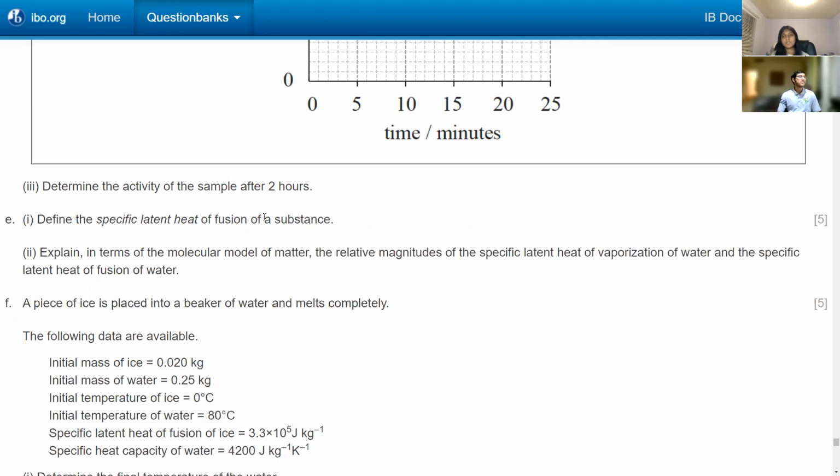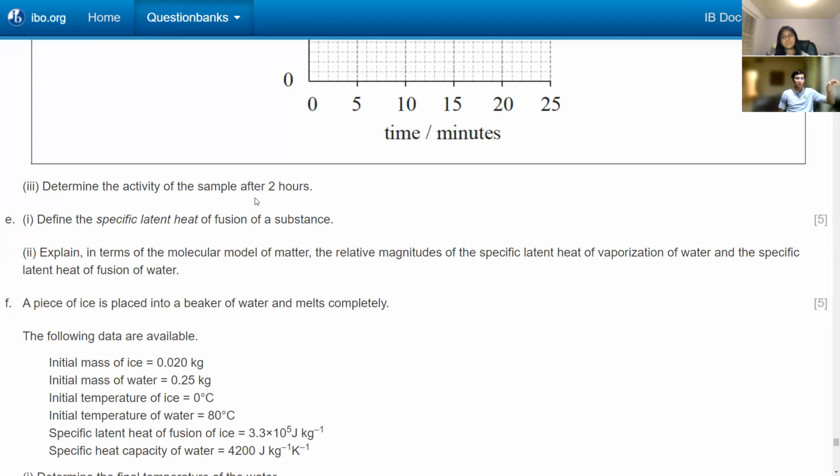It's the energy released or absorbed by 1 kilogram of a substance during a phase change. In this case, during the phase change of fusion at constant temperature and pressure. From solid to liquid, but it could also be liquid to solid, right? Oh no, it's energy absorbed.